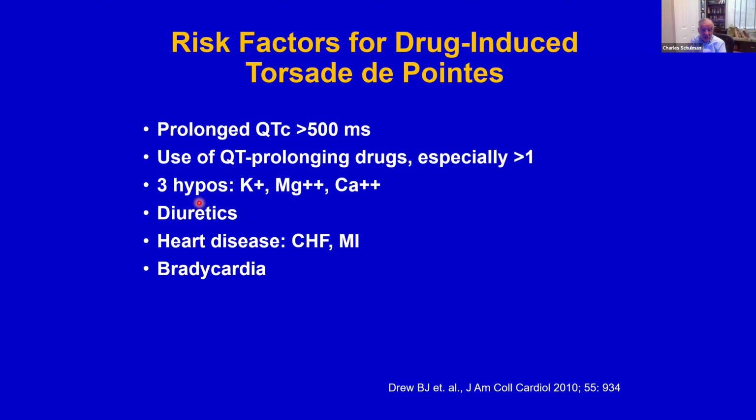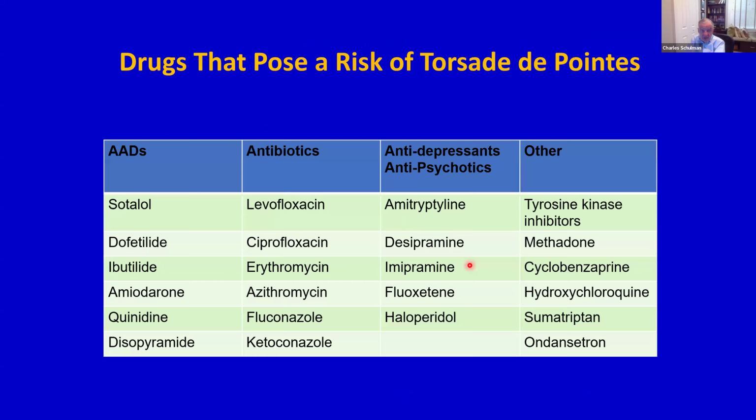And then what I call the three hypos: hypokalemia, hypomagnesemia, hypocalcemia. Diuretics, because they cause hypokalemia and hypomagnesemia, heart disease, and bradycardia of almost any cause.